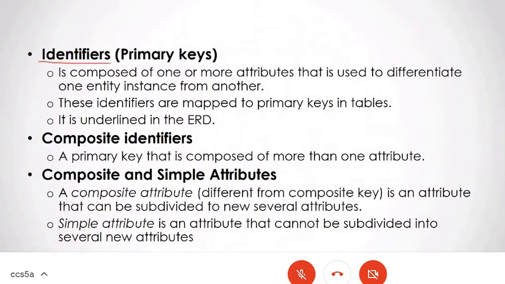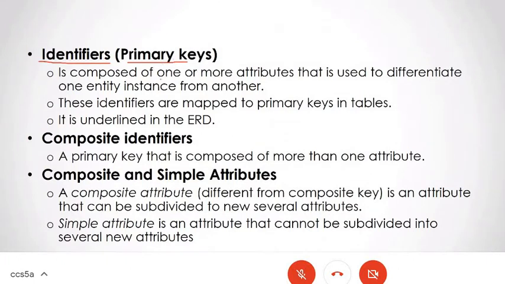Okay, next to domain, we have the term identifier. And actually, an identifier is synonymous to primary key. So in the ERD, we normally call it an identifier, which is basically a primary key. So that means the definition of an identifier is the same as the definition of a primary key.